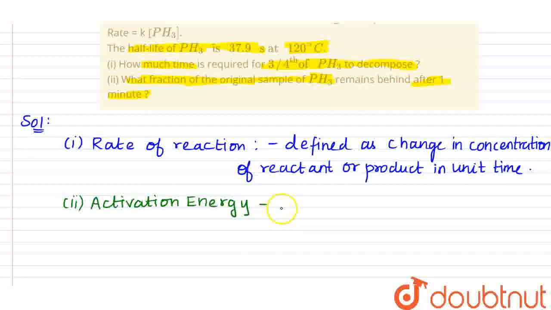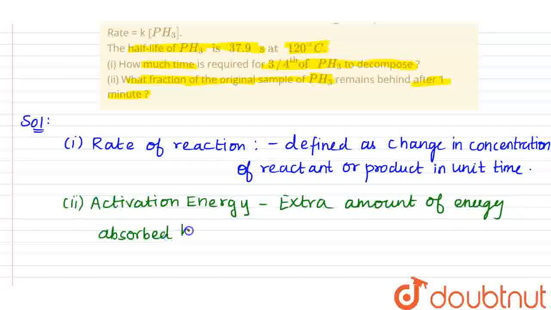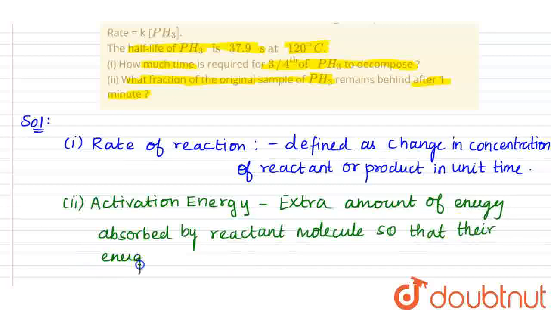Okay, so the activation energy is nothing but the extra amount of energy absorbed by the reactant molecule so that the energy becomes equal to threshold energy. So threshold energy is the required energy for a reactant to proceed the reaction.